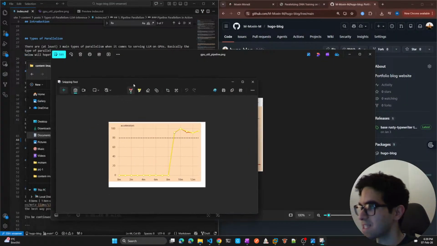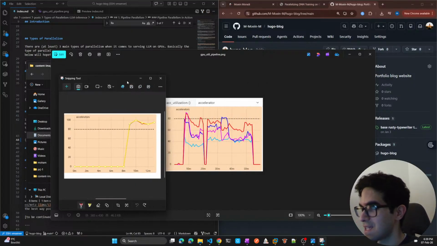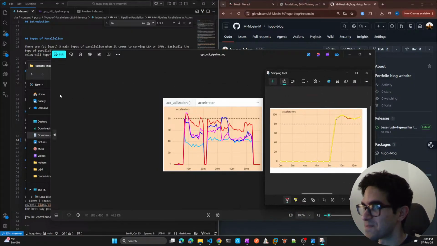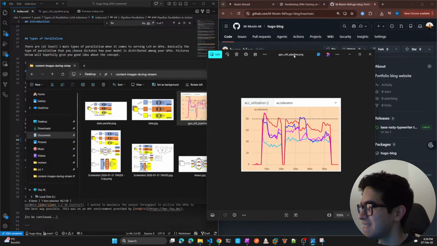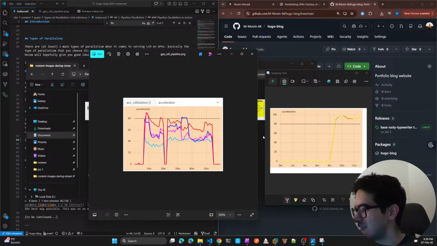It was also really interesting. I went from the image on the left to the one on the right just by changing some parallelism approach.